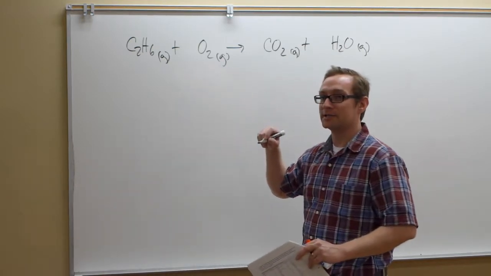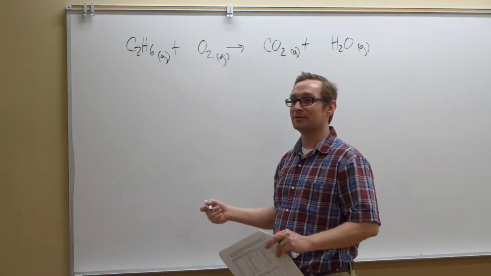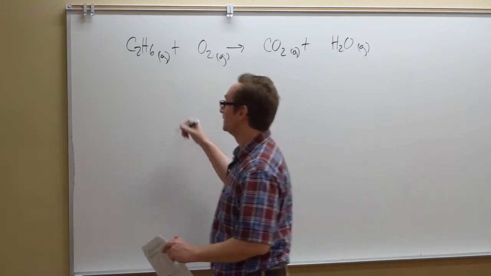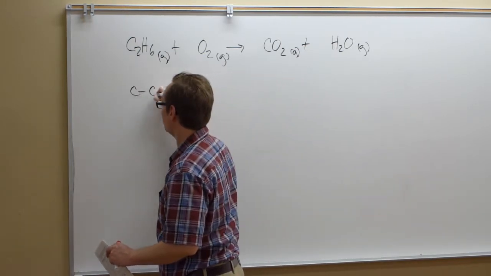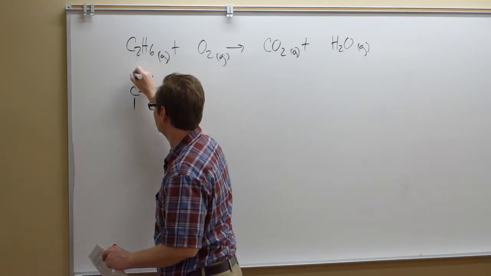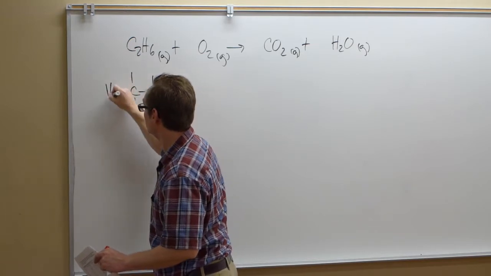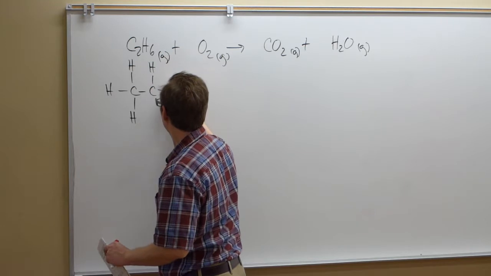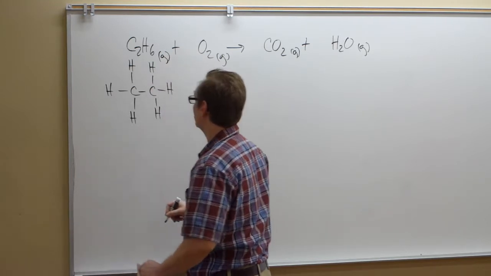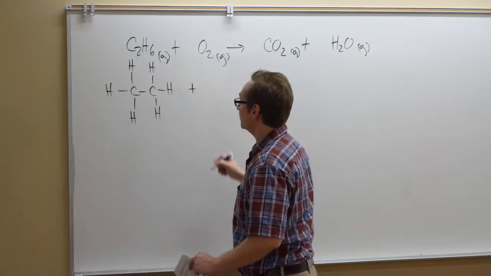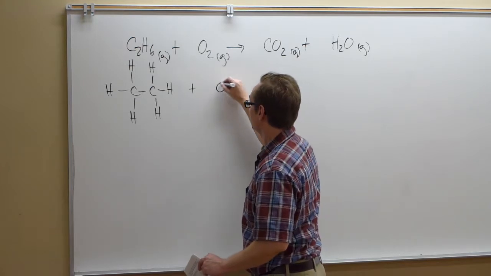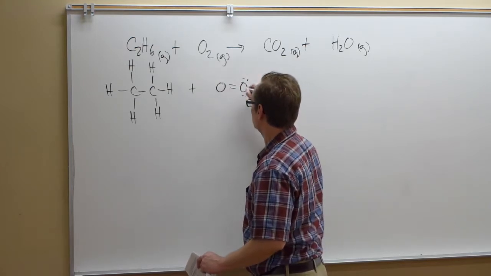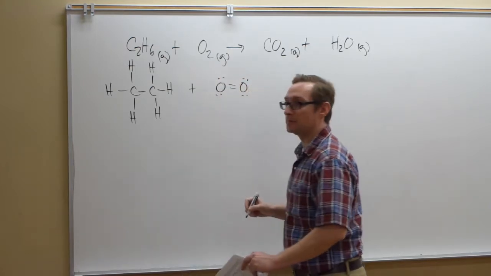If we want to use bond energies, we have to look at the structure. So let's do the structures. It gives us ethane already. All right, so there's ethane. The Lewis structure for oxygen had a double bond in it.